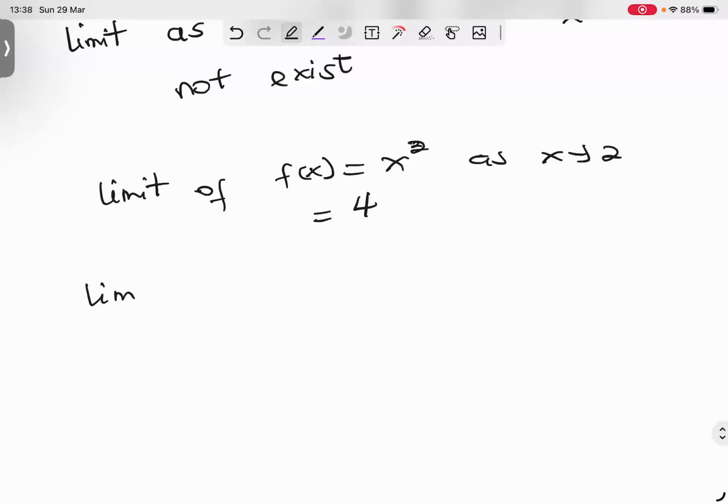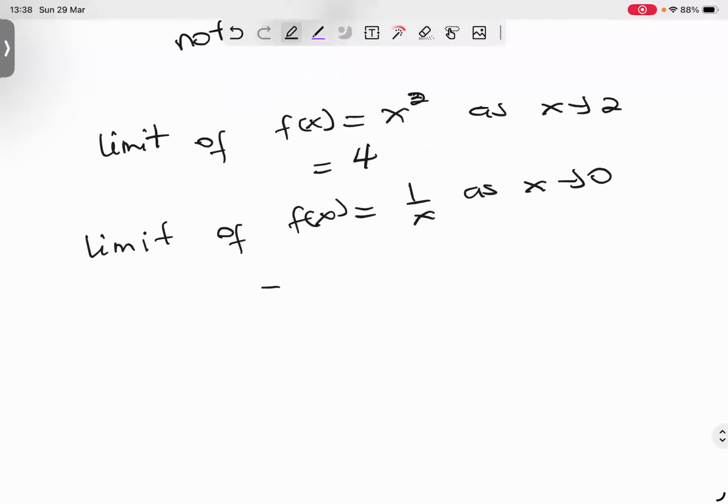And then from the second example, the limit of f of x, which is equal to 1 over x, as x approaches 0. From the left, we had negative infinity. However, from the right, we have positive infinity. Both answers are not the same. Therefore, this limit here does not exist.